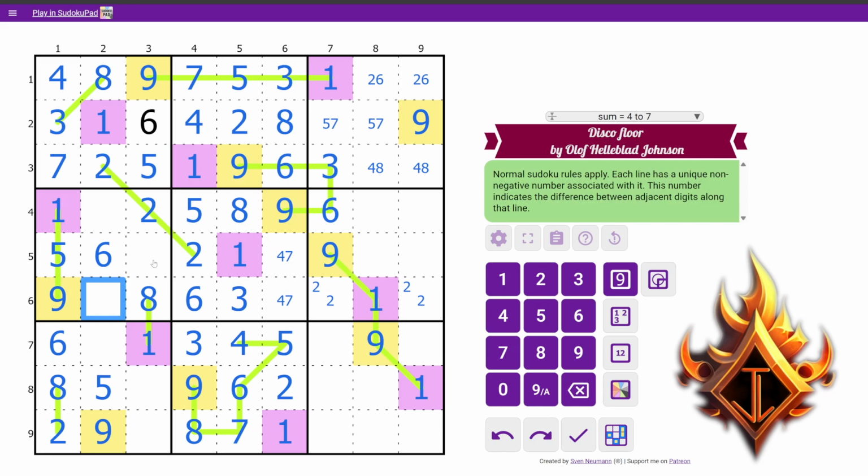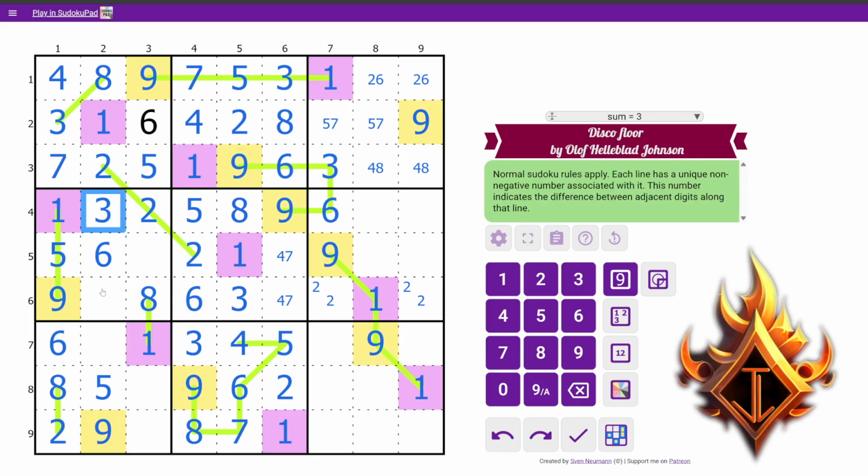What's over here? A 3. 2, 3, 4, and 7. 3 goes here.